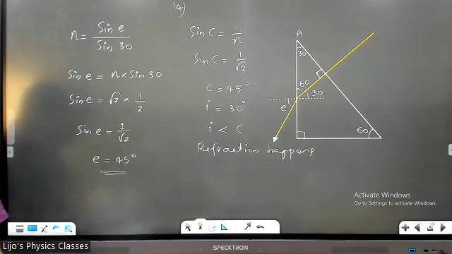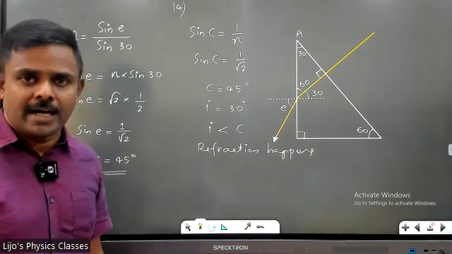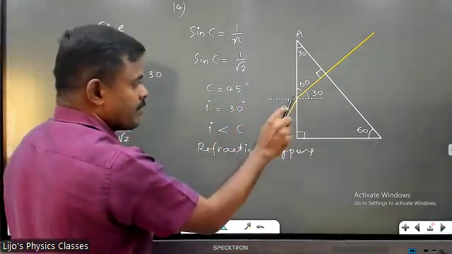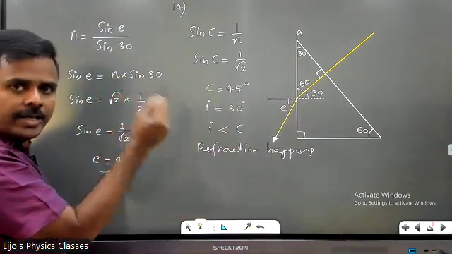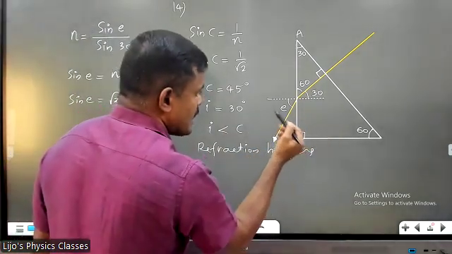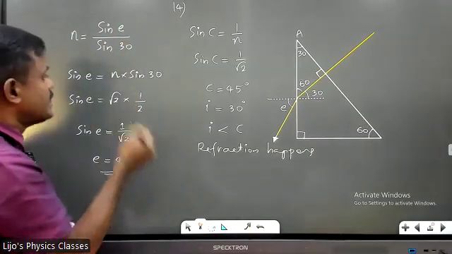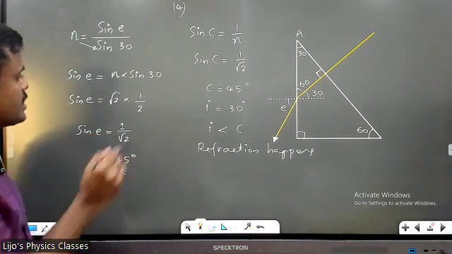Refractive index n is given by sin i by sin r. But the sin of which angle should be in the denominator? The denser medium angle is in the denominator. The denser medium angle is 30, the rarer medium angle is E. So 30 should be in the denominator, E in the numerator. So cross multiply: sin E is equal to n into sin 30.